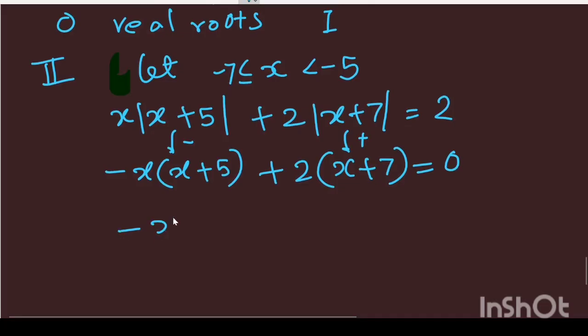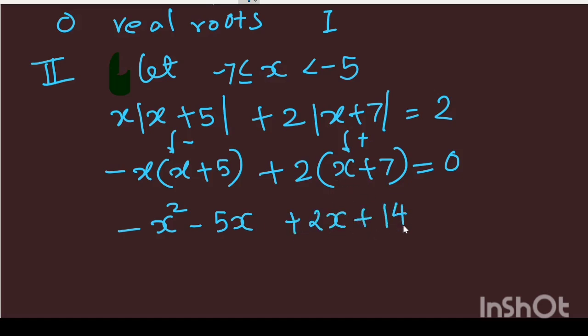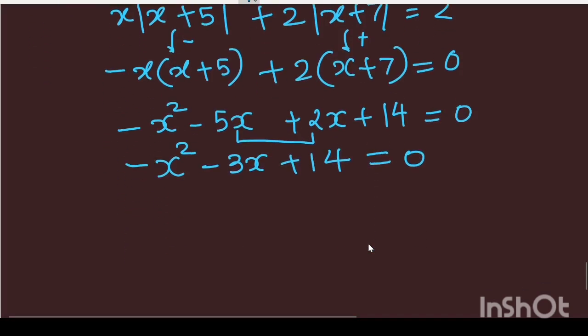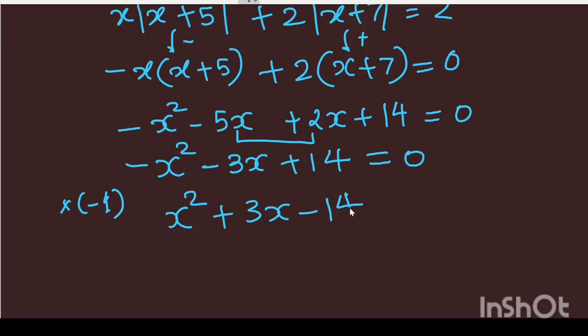Now again, minus x into x plus 5, minus x square minus 5x plus 2x plus 7, 2 sevens are 14 equals 0. Minus x square minus 5x plus 2x is minus 3x plus 14 equals 0. Multiplying by minus 1 both sides, minus x square becomes plus x square, plus 3x minus 14 equals 0.